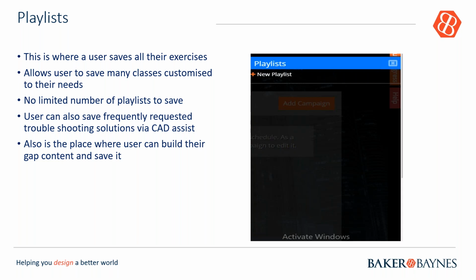And then you can also save your frequently requested troubleshooting solutions, which are solved via CAD Assist, which is also under CADLearning. And this is also a place where you can build your gap content and save it. So this is actually a very good place to save all of your gap content.